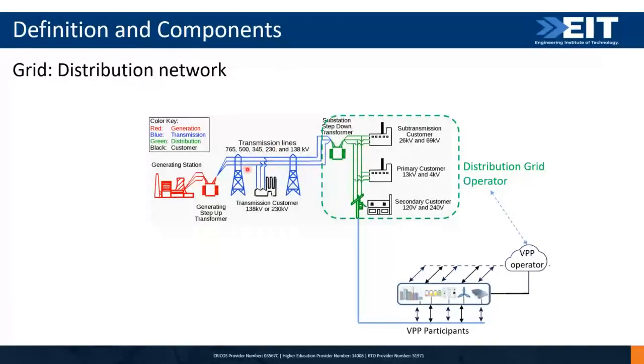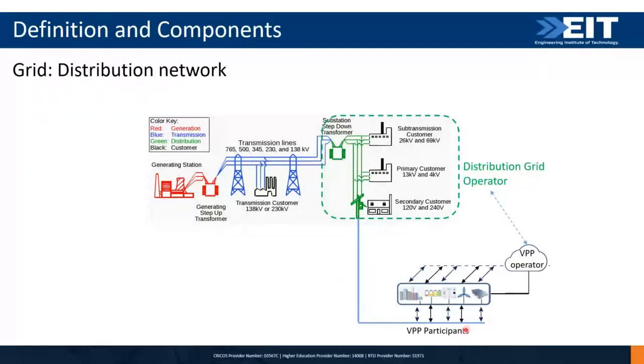So the voltage level here is very high, and then the power goes to the distribution substation or distribution network, and the power is then distributed to industrial sites, commercial sites, and also residential sites.